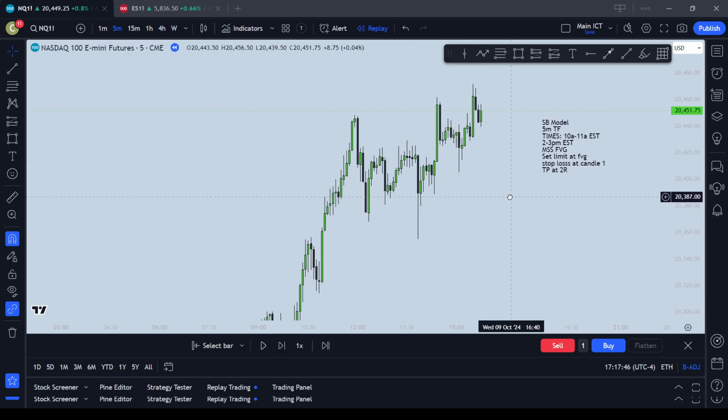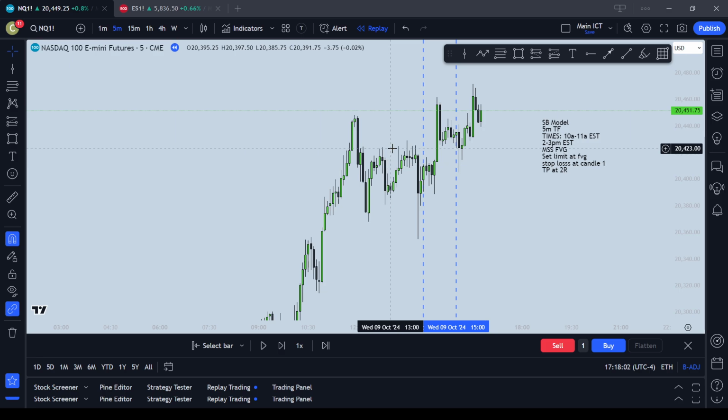Okay, so you can see today, what did we have? We had 2 to 3 p.m. Right here was the start of 2 p.m. and 3 p.m. was over here. So within this window, what do we have? We have this bearish structure over here. We come down, sweep all of this sell side liquidity right here.